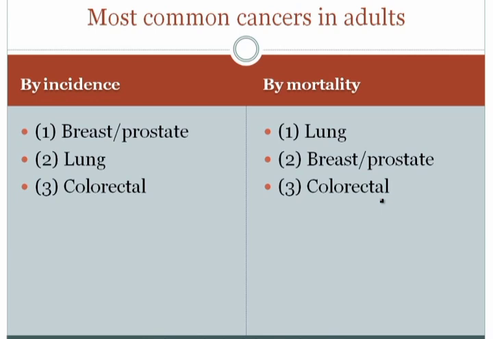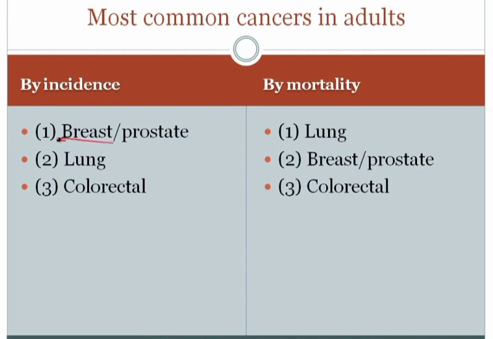The best way by which to deal with a cancer is to actually detect it either before it becomes a cancer and then remove it, or to detect it before it produces clinical symptoms. And I'm going to highlight that in a moment, but let's just look at this list again now from a different perspective.